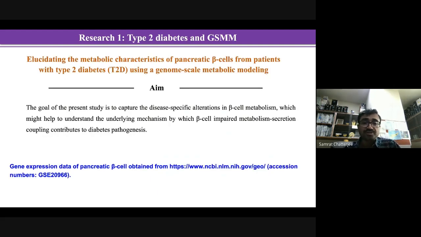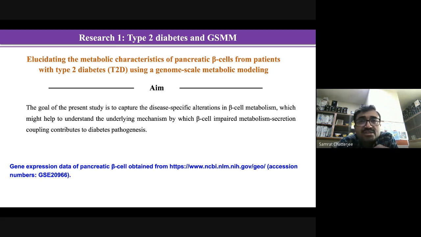So to start with, this is not exactly the network analysis we did, but of course it's a large scale model we used here, and the model is made from a network. What we did here is called the genome scale metabolic model, GSMM here written. The aim here was to find the metabolic characteristics in the pancreatic beta cells of a patient with type 2 diabetes.